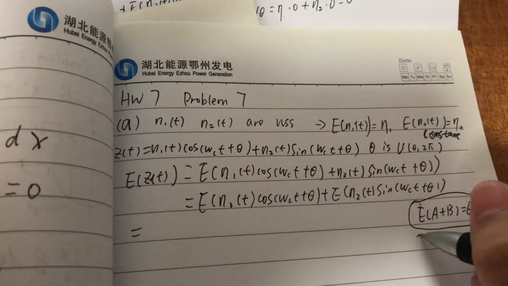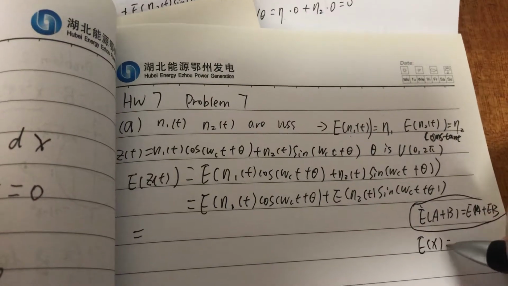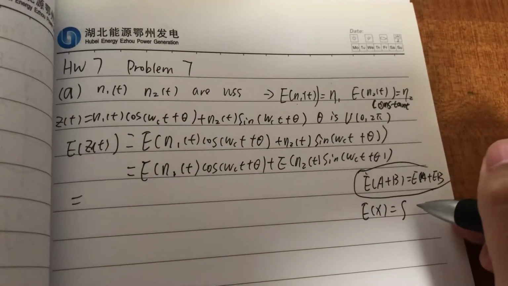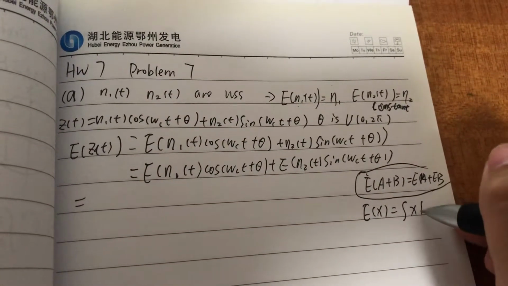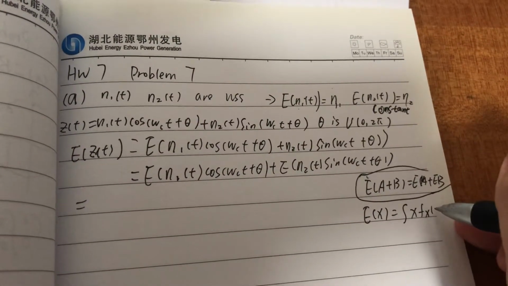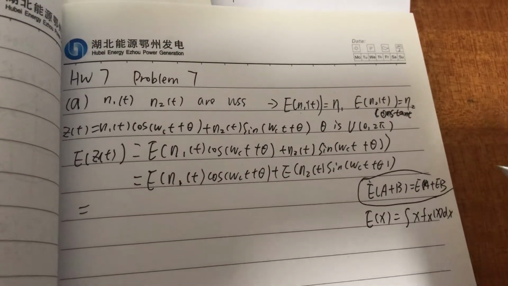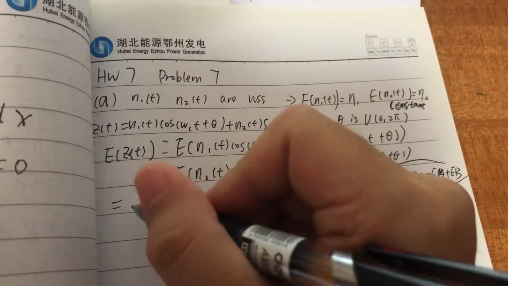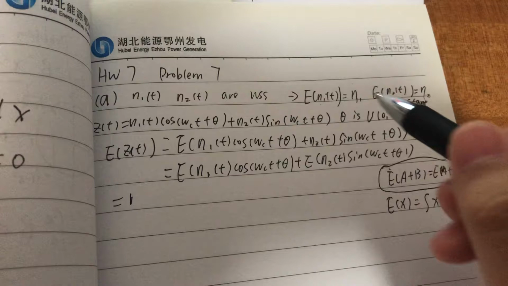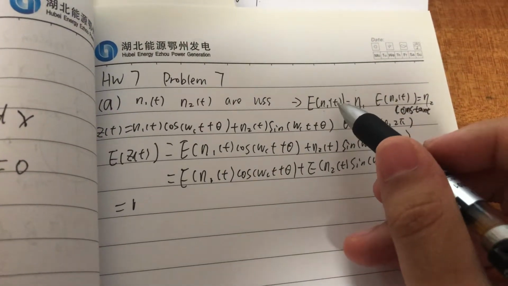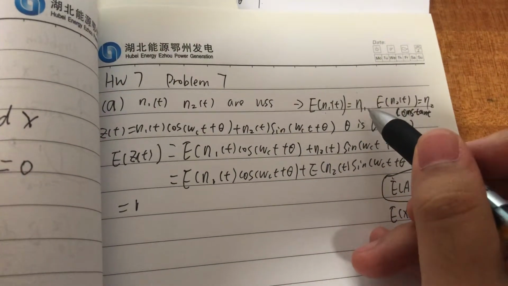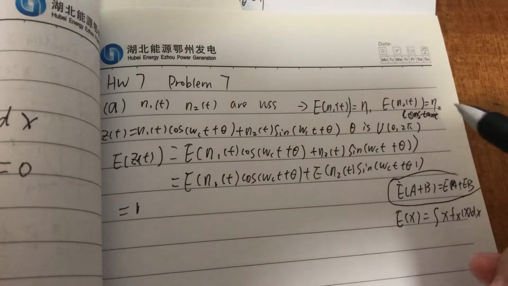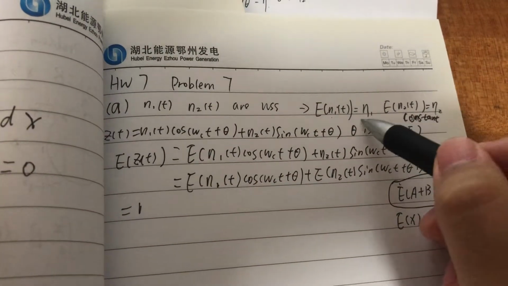Plug in the definition of expectation, the integral of x f(x) dx. Because E[N1(t)] equals mean 1, and similarly for the other, we can plug in these two numbers.